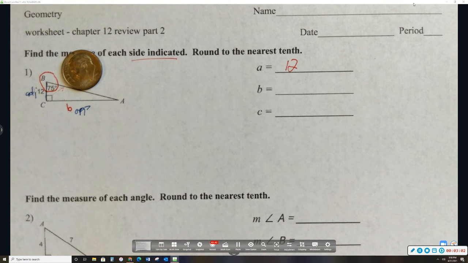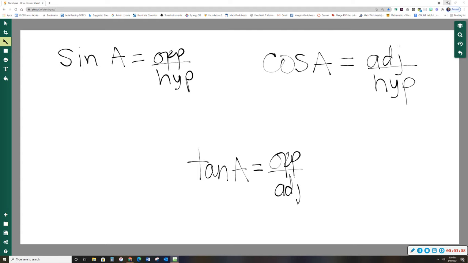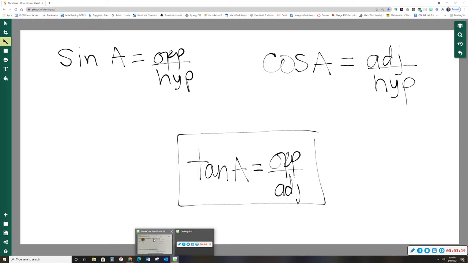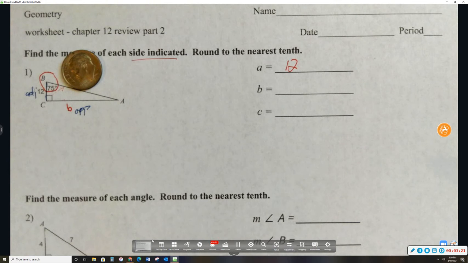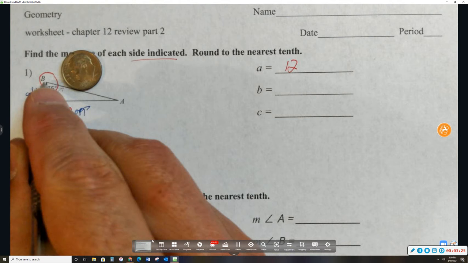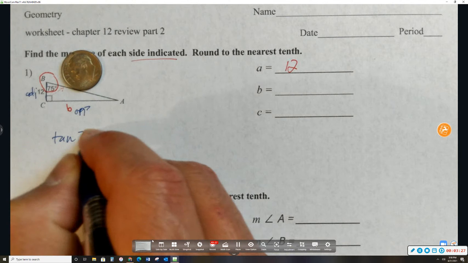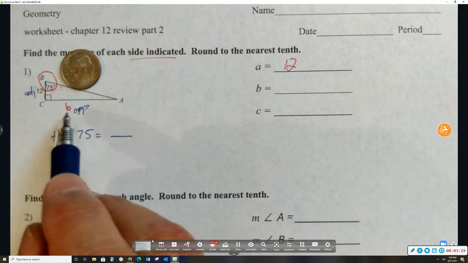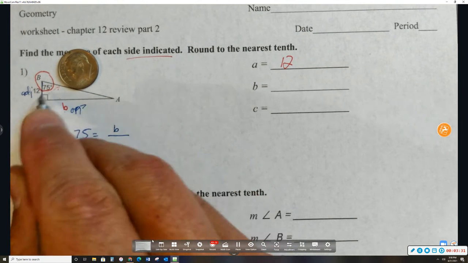Well, you need to go back to the trig ratios and find which one uses the opposite and the adjacent. If you look, it's tangent. Tangent is opposite over adjacent. So I'm going to go back to my paper and say tangent of that angle, which is 75 degrees, equals opposite over adjacent.